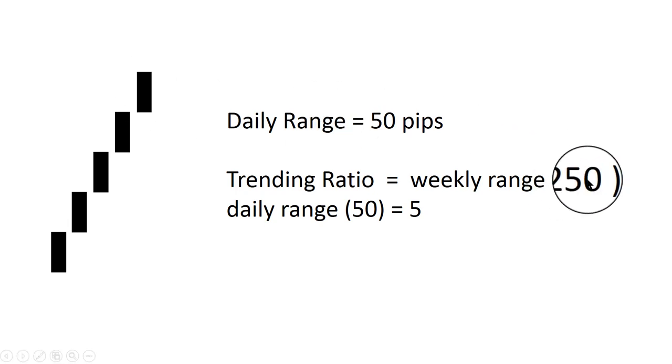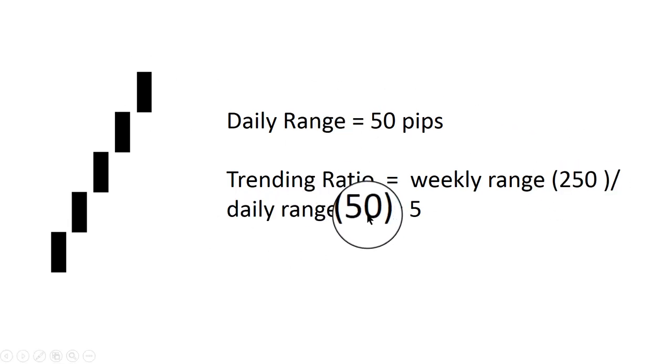So the ratio is 250 pips divided by 50 pips, and now we have a trending ratio of 5, which means that this currency is 5 times more trendy than the other currency. And that's why this ratio is so important.